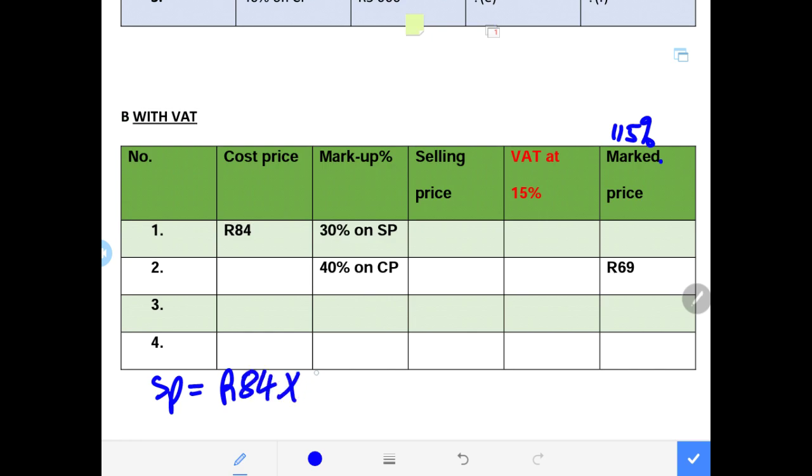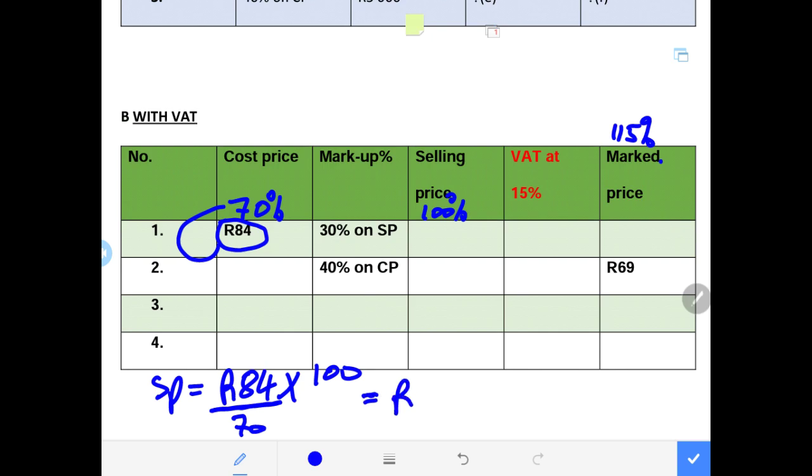Remember, in this case, selling price is 100%. Cost price is 70%. So we multiply by what we are looking for. We divide by the percentage of the amount we have, the cost price, and the percentage of the cost price is 70. So that will give us the selling price.